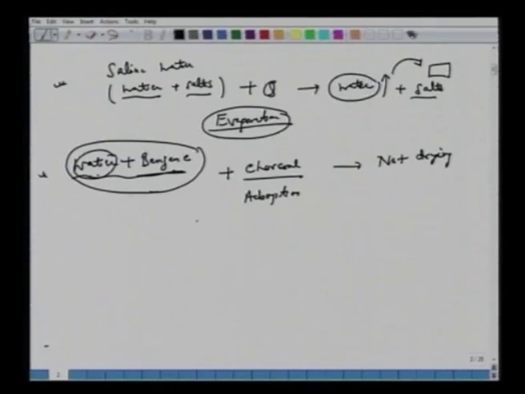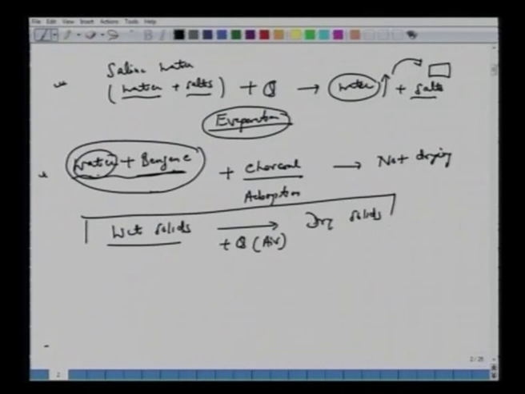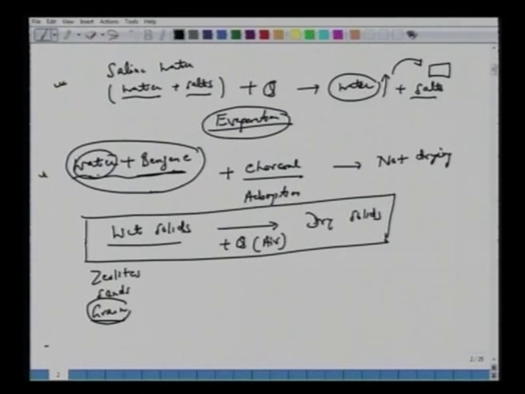In drying, again, we are talking of wet solids and we are making them dry solids by supplying heat, mostly through hot air. So this would be the most common scenario we are going to discuss in this course. Wet solids, so let's say we have zeolites, sands, grains. If you recall, in food industries moisture has to be removed from grains to improve longevity or to ensure that the grain does not deteriorate with time. You have a huge dryer where you remove moisture by supply of, say, hot air.